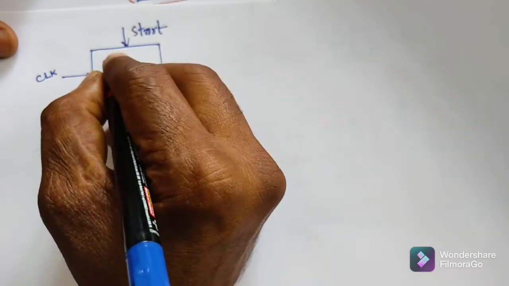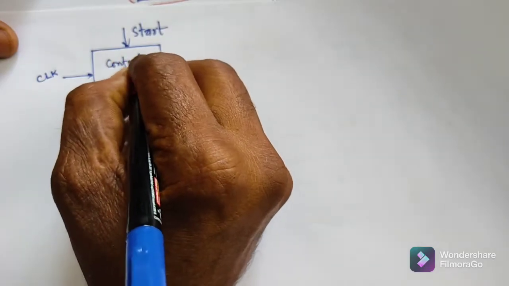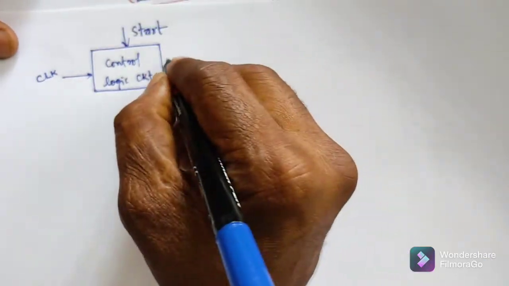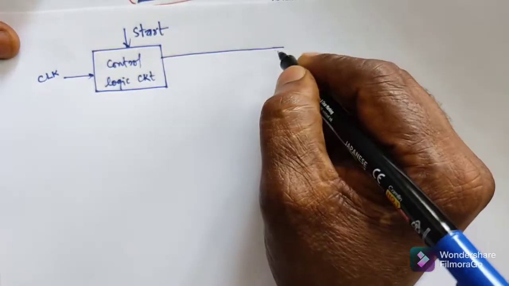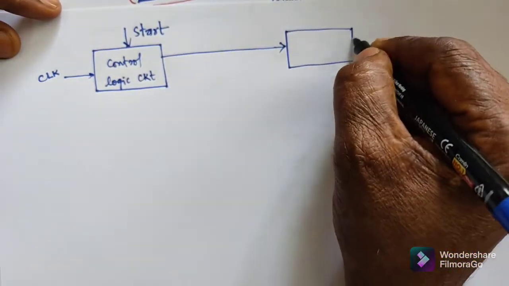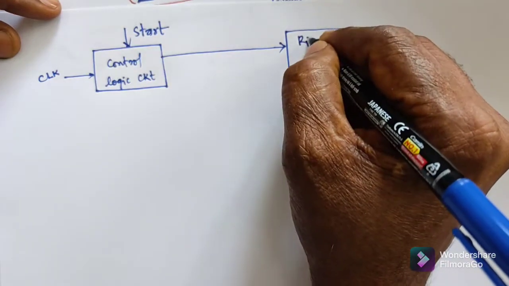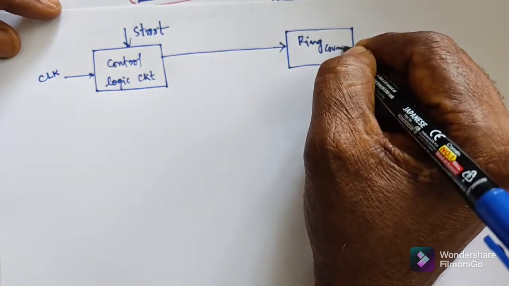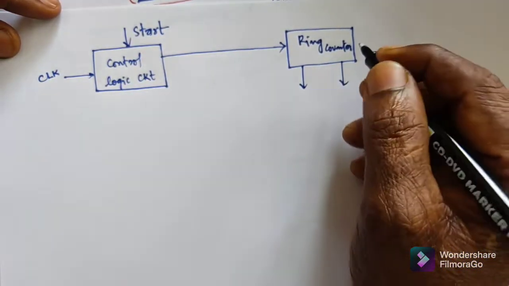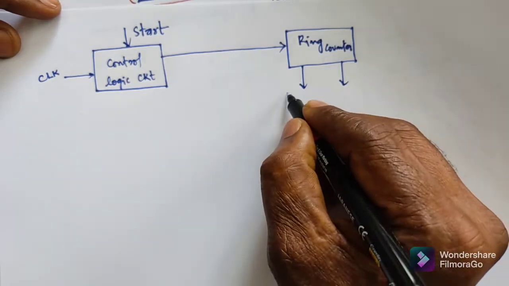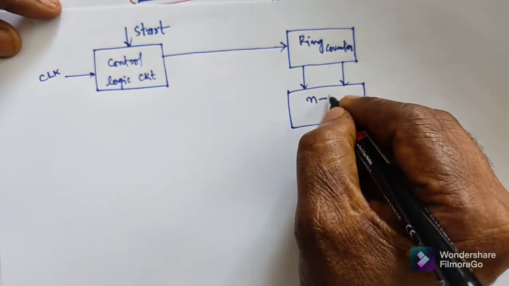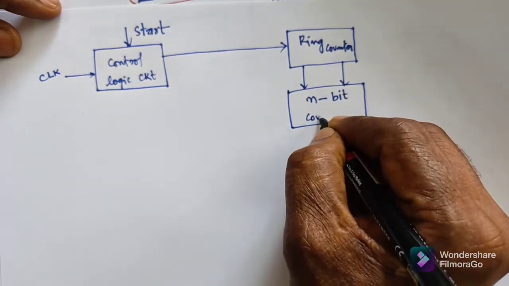In this we are using a control logic circuit, which is connected to the ring counter, the basic operation of which we just saw. Then the ring counter output is connected to the n bit counter.